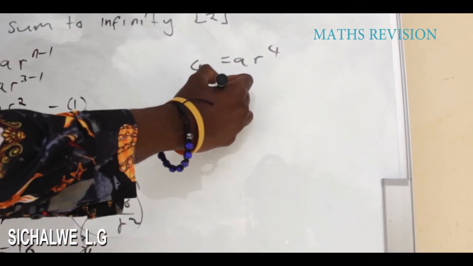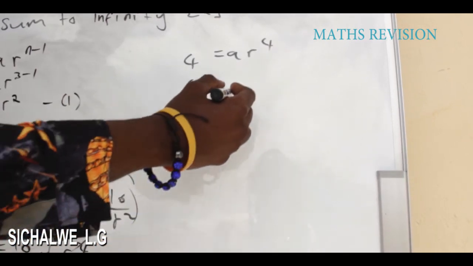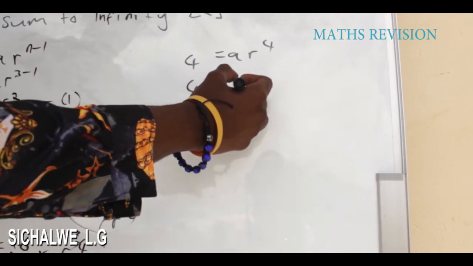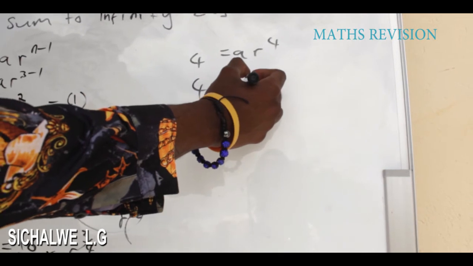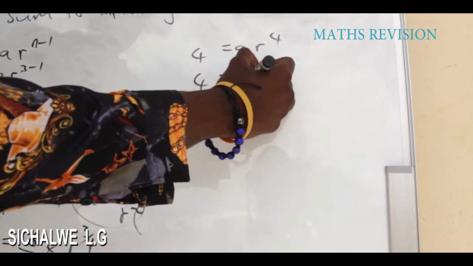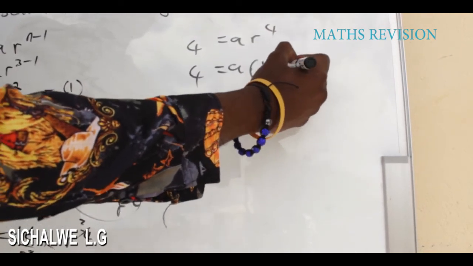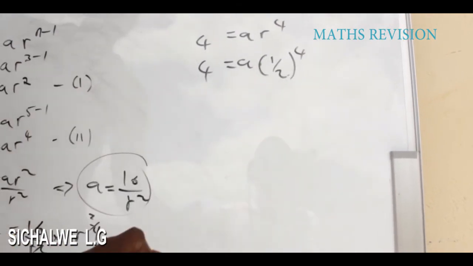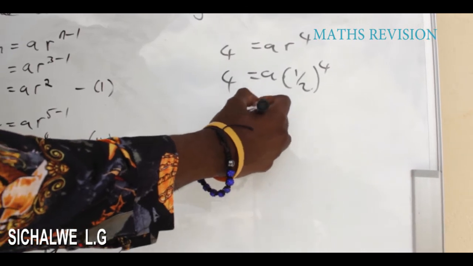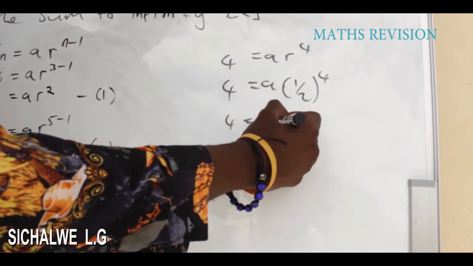So 4 is equal to our A, which we don't know, times R, which is 1 over 2, to the power 4.